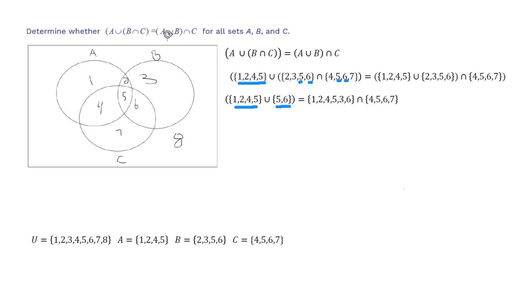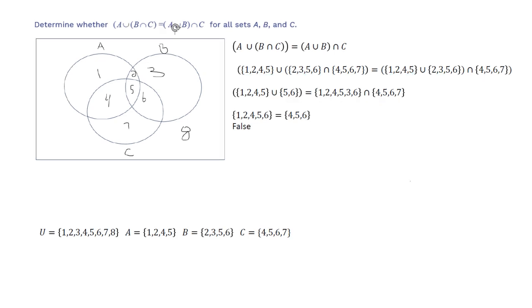So here we have 1, 2, 4, 5 union with 2, 3, 5, 6. That means we're going to put all of it together, and that's how we get 1, 2, 4, 5, 3, 6. And then 4, 5, 6, 7, I just rewrote it here. So now we're ready to continue.